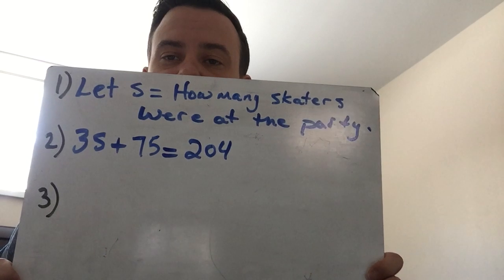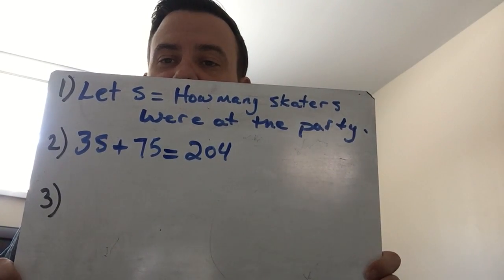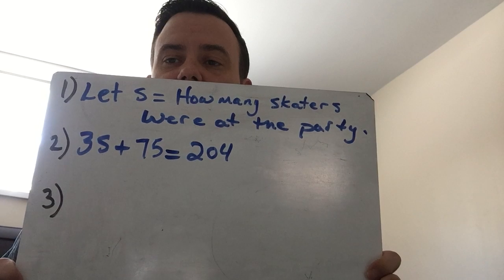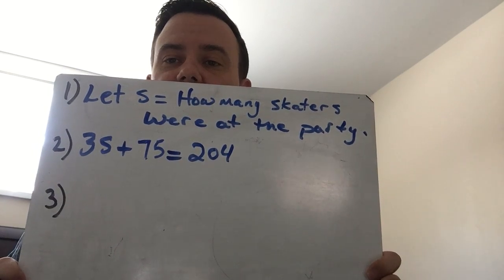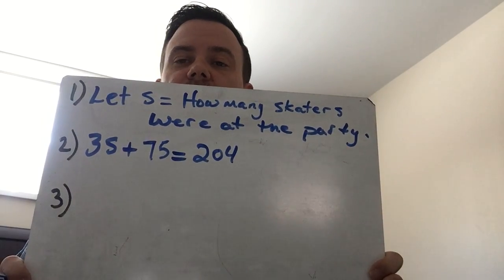Okay, so let S equal how many skaters were at the party. We've got 3S plus 75 equals 204. So $3 times however many skaters are at the party plus the $75 for the rental of the ice equals the $204 total that it cost for the entire party. Rewrite the question and solve.